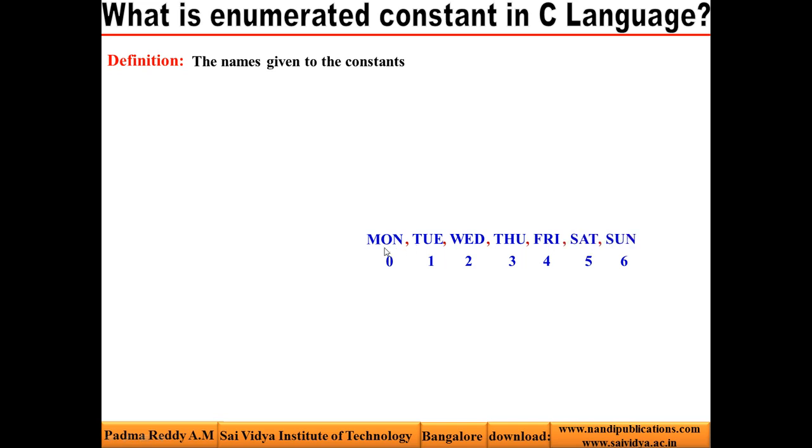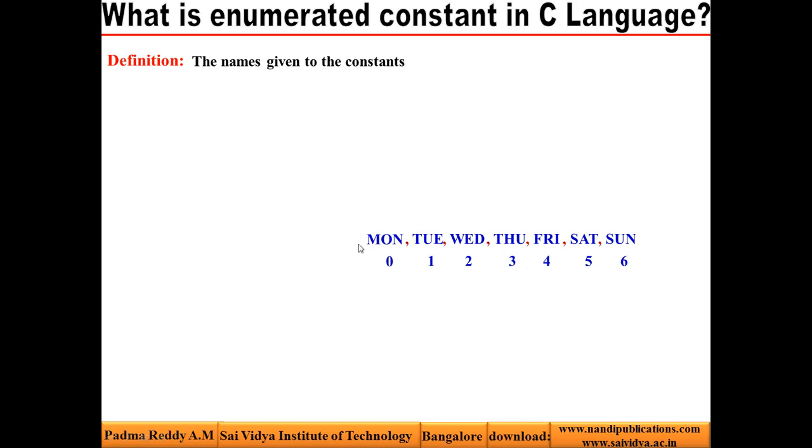Now the value of MON will be 0, the value of TUE is 1, the value of WED is 2, the value of THU is 3, and so on. So these are all the names given to these constants. So these names or these identifiers are called enumerated constants.